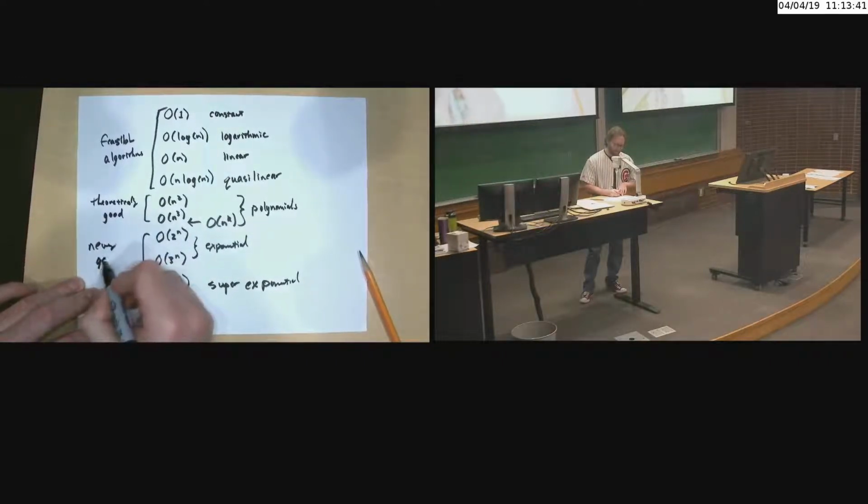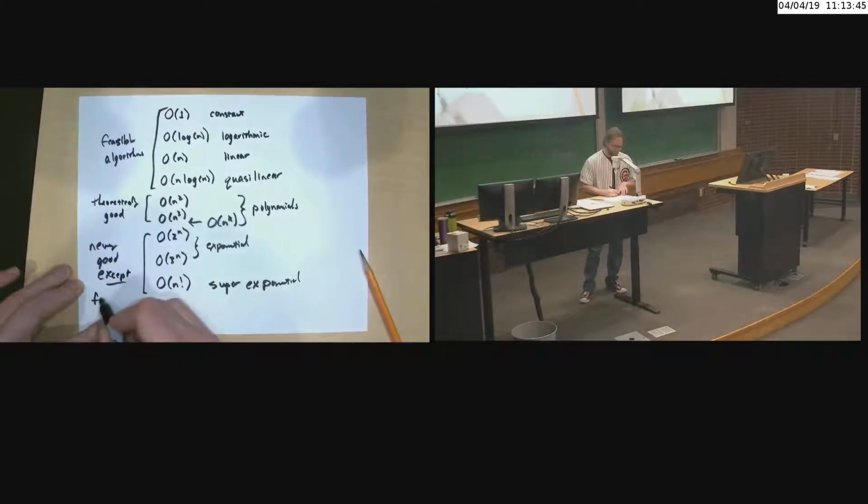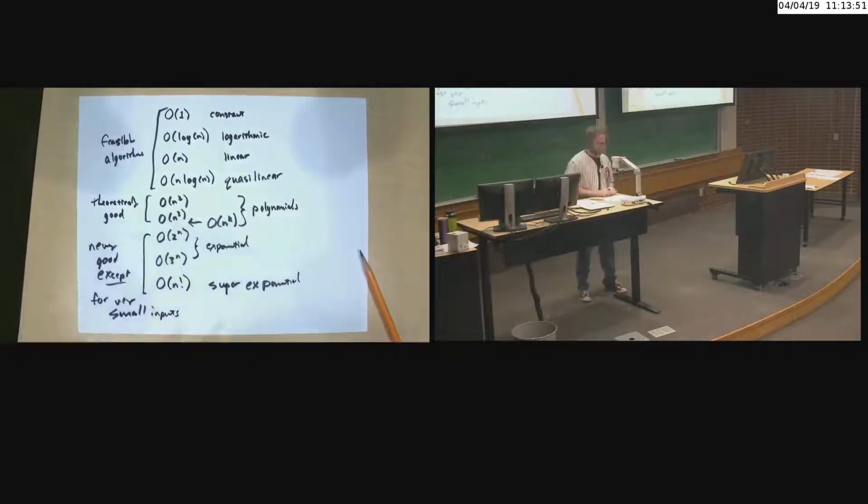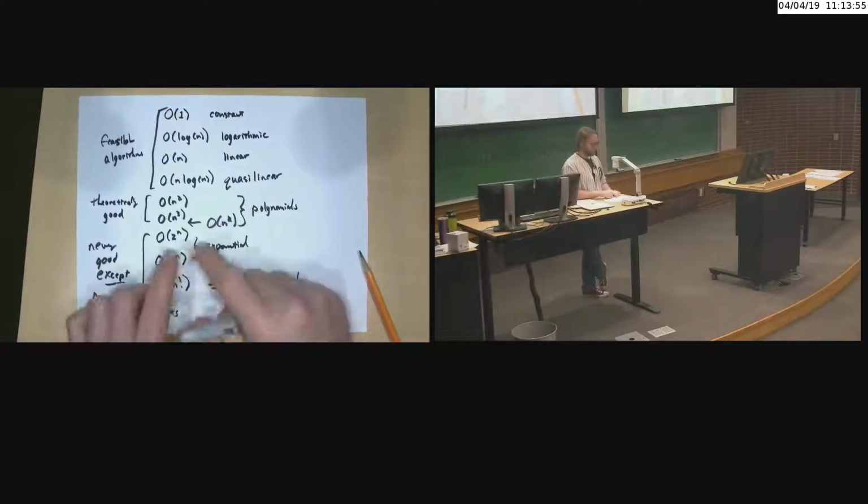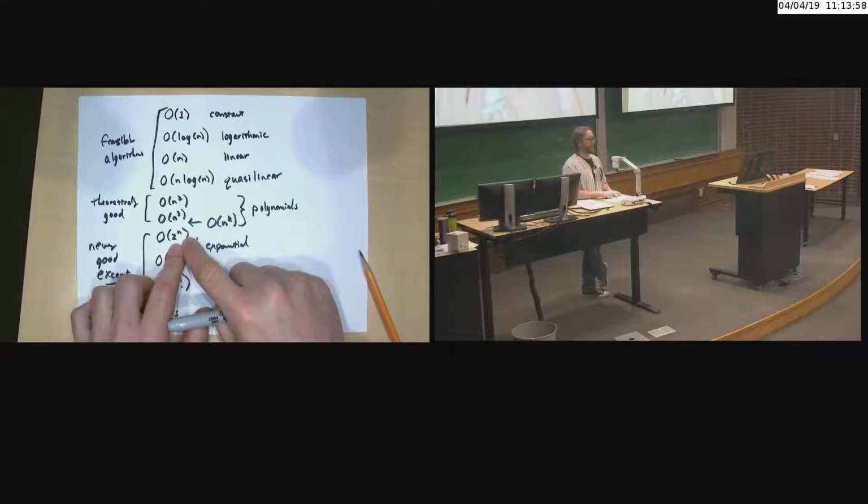Never good, except for very small inputs. Right? And by very small inputs, it depends on how fast your computer is. What about 2 to the 100? Or let's say 2 to the 1,000. 1,000 small, right?